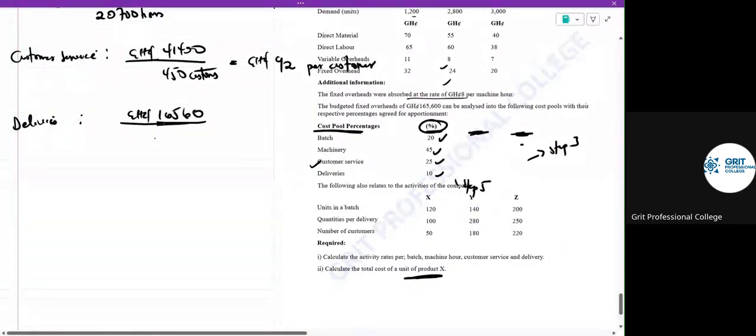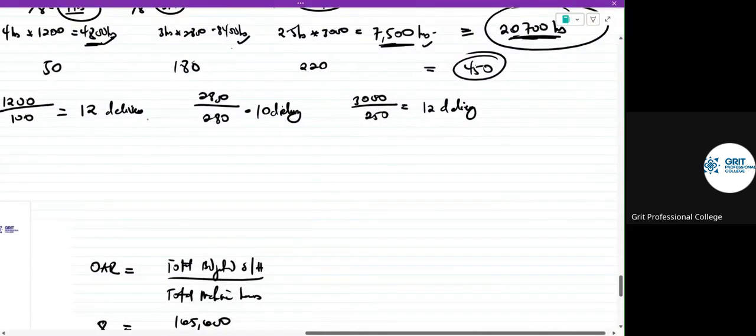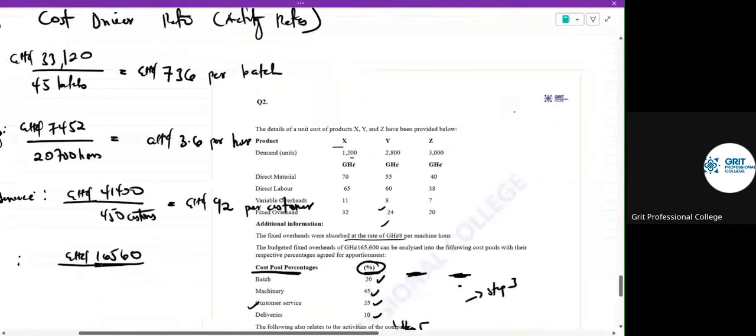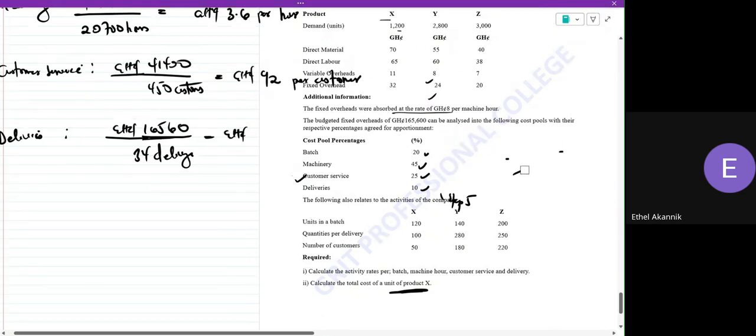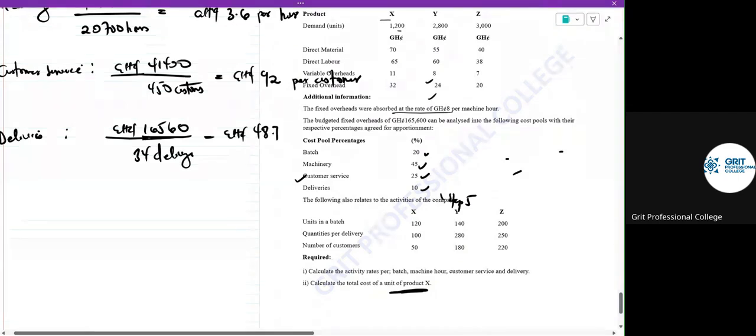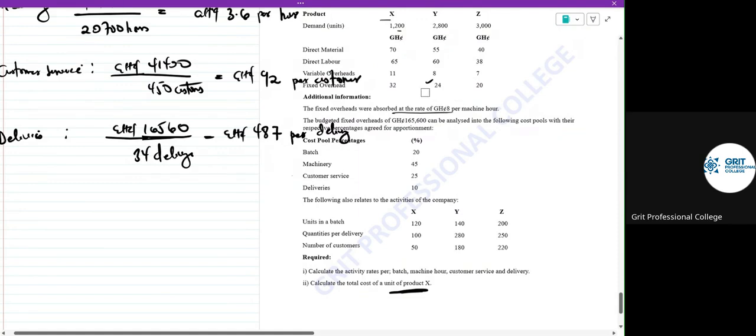And so we divide that by 12 plus 10 plus this, so 24 plus this one, that would be 34. So a total of 34 deliveries. Then that will give us 487 cedis per delivery. So this is requirement I, successfully done.